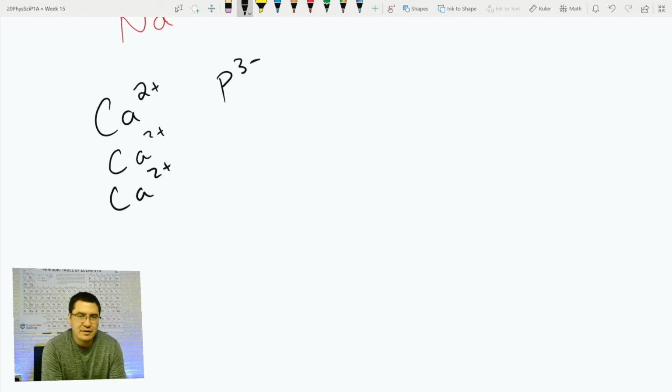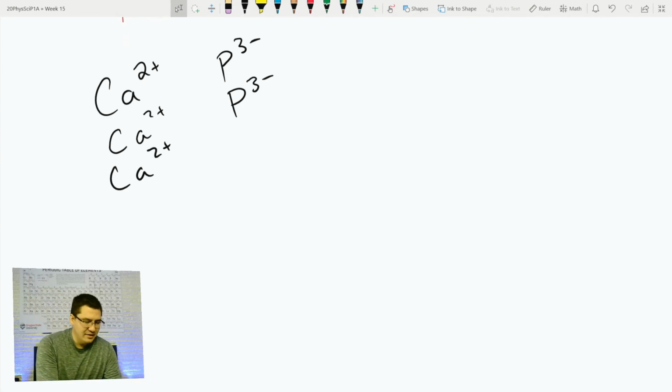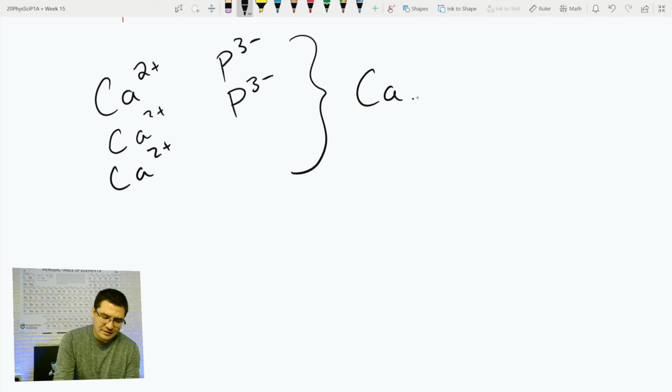If you think of least common multiples, the least common multiple of 2 and 3 is 6. So by taking 3 calciums and 2 phosphides, I end up with a +6 and a -6 for my ions, and I would write this chemical compound as Ca3P2.